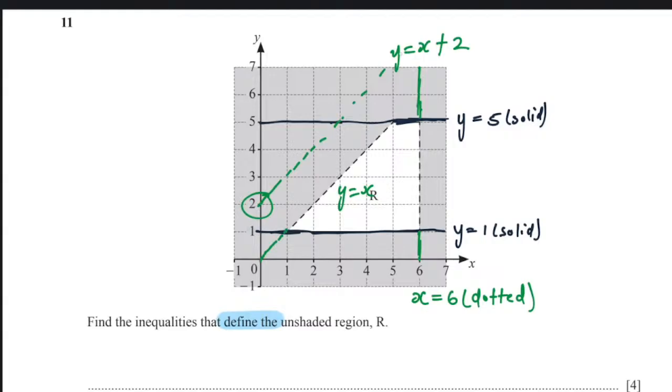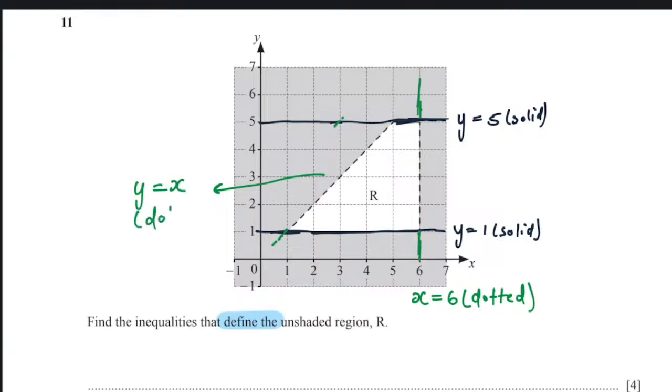The last position just tells you where it cuts the y-axis. So this one is way too easy for you students not to get it. This one passes through 0, so you would have said plus 0, which just leaves it as the line y equal to x. So this last one is the line y equal to x, and it is dotted.